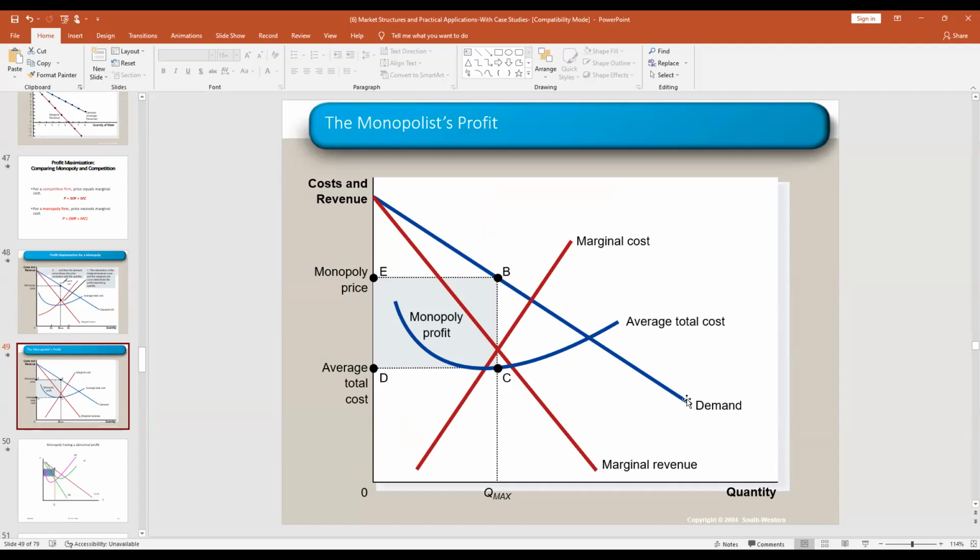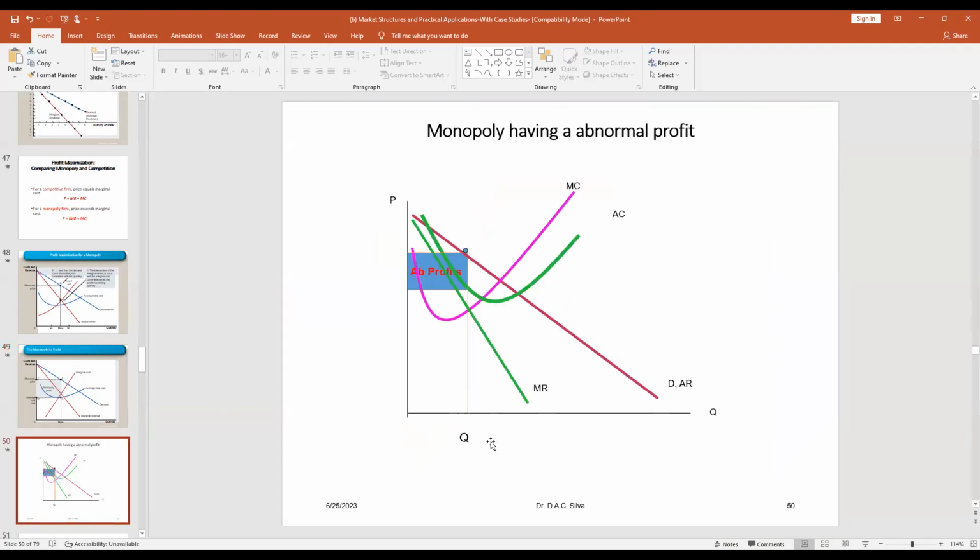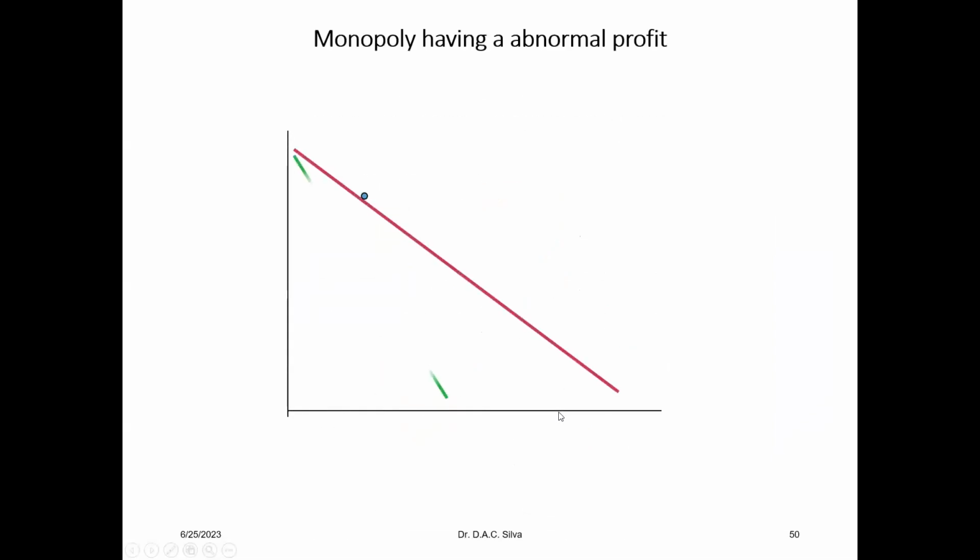AR equal to MR cannot be seen in a monopoly market. But in the perfectly competitive market, AR equals MR. Here, AR is not equal to MR. So therefore, you can see the abnormal profit situation, we can do it like this also. This is AR, MR. This is AC.